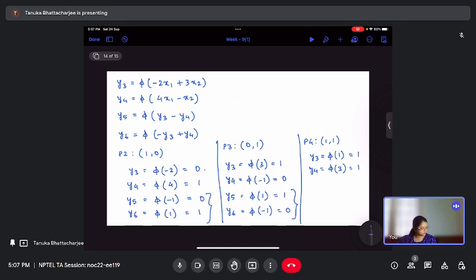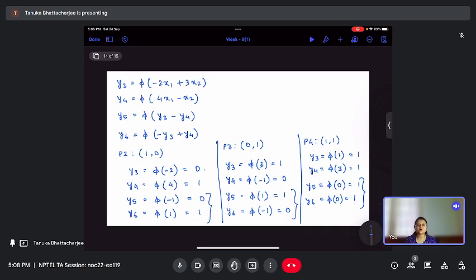So this will also be 1. Then you have y5, that is phi of y3 minus y4, and both y3, y4 are 1. So this will be phi of 0, that is again 1, and y6 is again phi of 0, which is equal to 1. So this is your output 1 1. For the input 1 1, you get the output also as 1 1. y5, y6 both are 1.